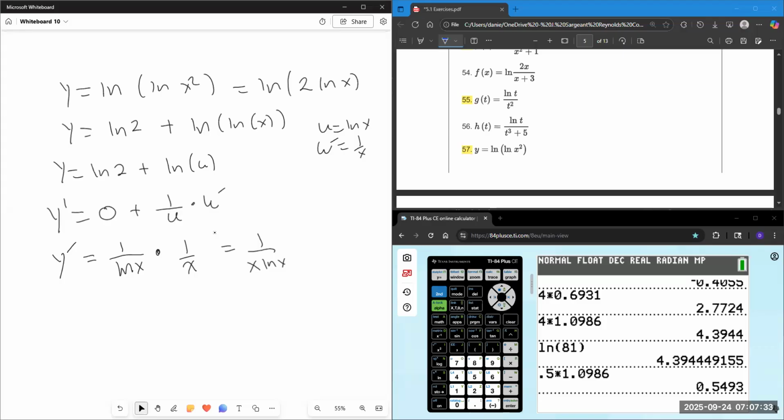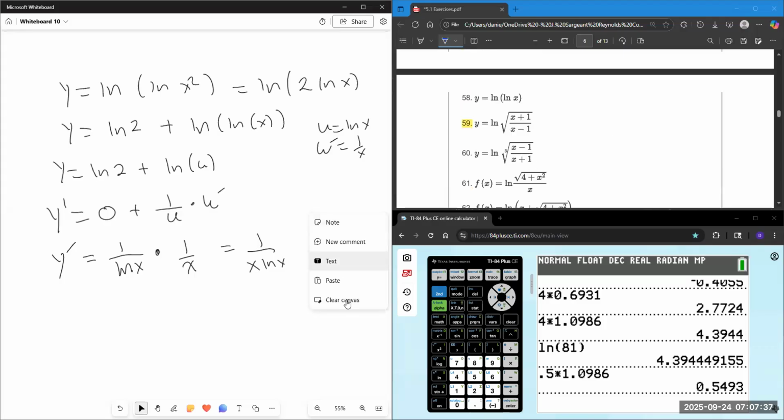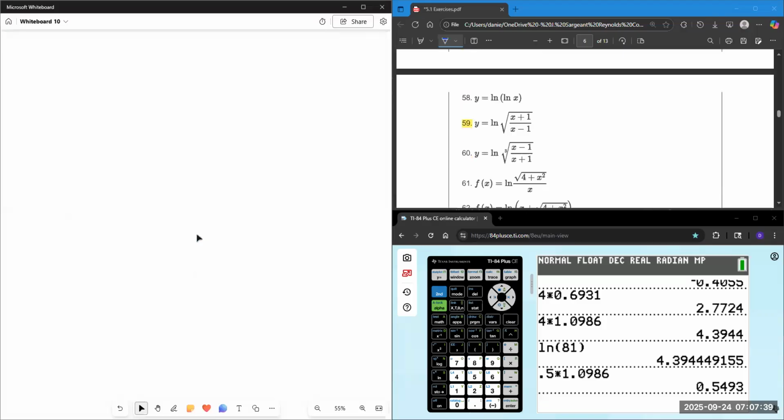Looking at the next problem here, 59. We have y is equal to ln of the square root of x plus 1 over x minus 1. So y is equal to 1/2 ln of x plus 1 over x minus 1.